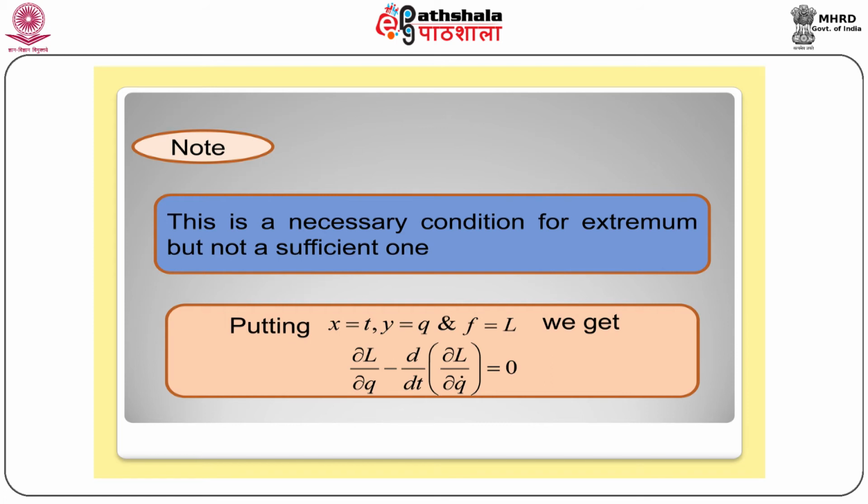Q dot is the generalized velocity, which is the Lagrange's equation of motion for a dynamical system of 1 degree of freedom, since there is only one generalized coordinate, that is q.